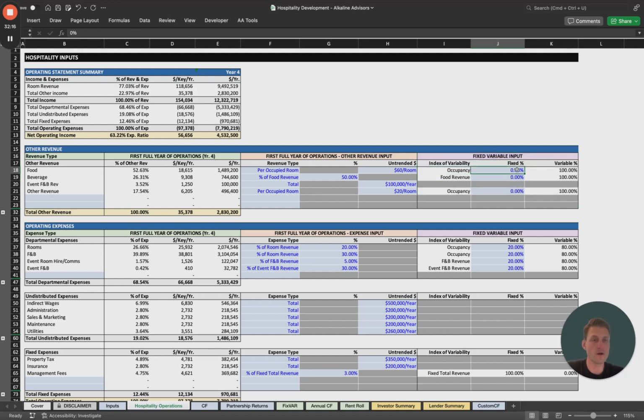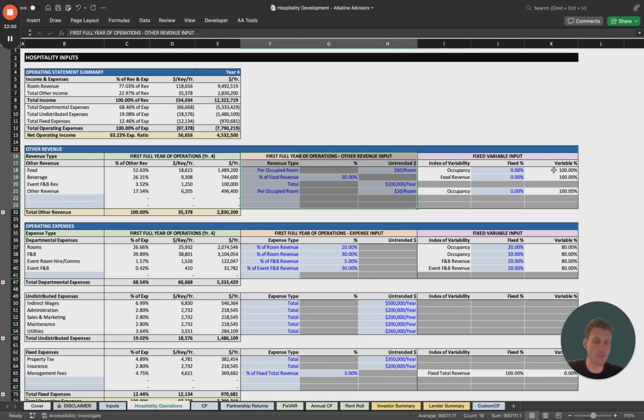Essentially, we are going to break out the cost into two buckets. The first will be fixed and the second will be variable. Fixed will just be tied to whatever number we have in our base year. Variable is going to be a factor of the new year we're in, whatever occupancy percentage we have in that year, over the old year. If it's more occupied than the base year, the factor will be above 1.